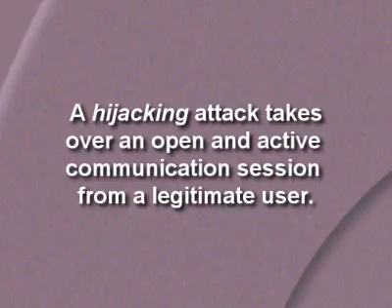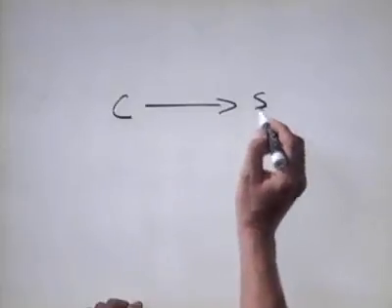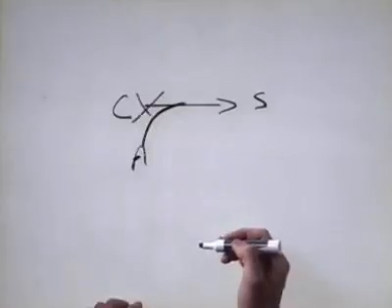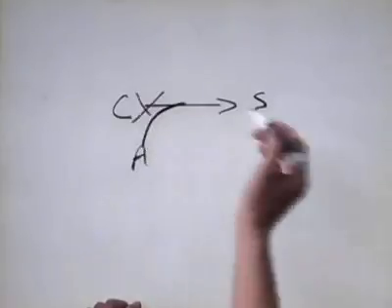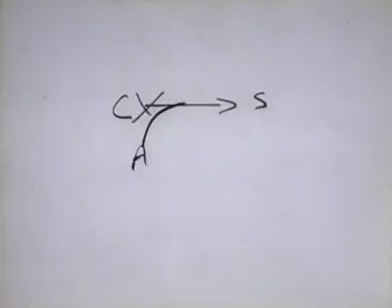This is where an attacker takes over a current session from a client and basically boots the client off from the session. Let me show you an example of what that looks like. In a hijacking attack, the client is communicating with the server. The attacker steps in, takes over the session, and breaks the connection with the original client, so that now the attacker has taken over the session that's going on initially with the server.